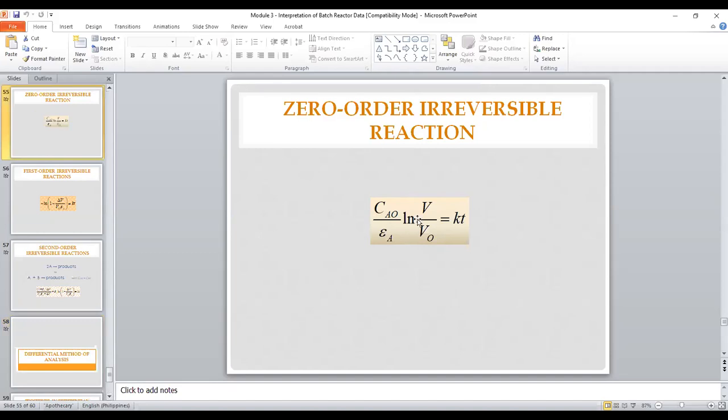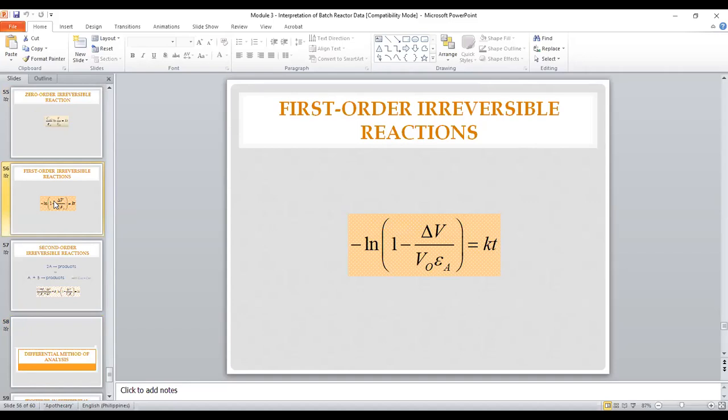Now this is for zero order irreversible reaction. If it's a first order irreversible reaction, this will be your formula. Again, you accounted for the changes in the volume, so your delta V will be final V minus V sub O, initial V. And again, you have the epsilon A in here.